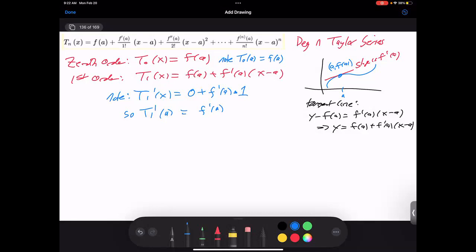What about the second derivative of t1 of x? It's just 0. So it's not necessarily going to agree anymore. It's going to agree at the value of the function and the first derivative, but not necessarily the second derivative. What do you think might do a better job than the first order?